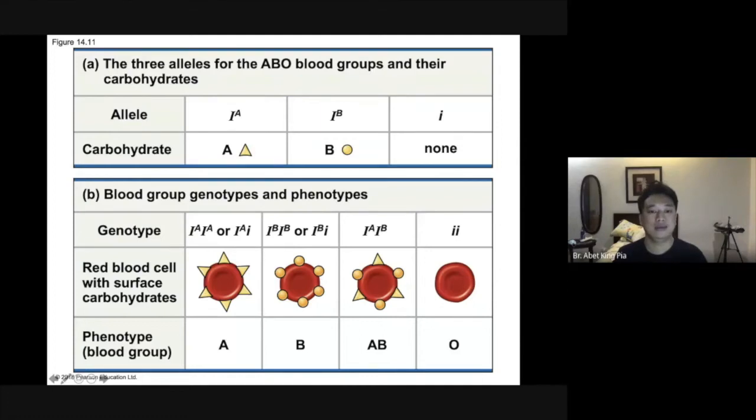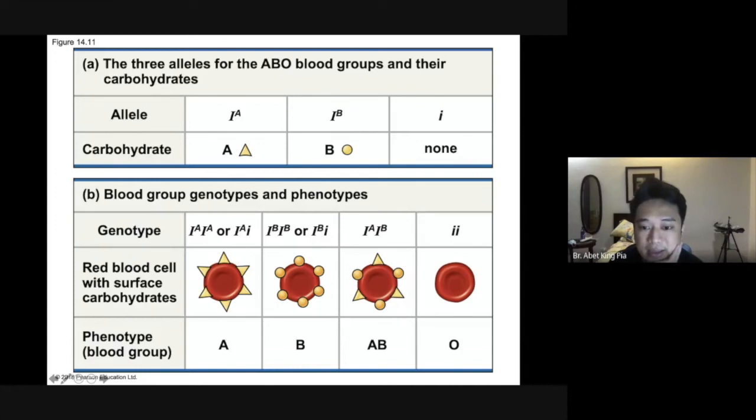Bale, if you will see the genotype of people with blood type A, that's the phenotype, blood type A, and the genotype can be either homozygous for the allele IA or heterozygous. For phenotype B naman, you have both homozygous B and heterozygous B. For type AB, both of the alleles for type A and B are present.